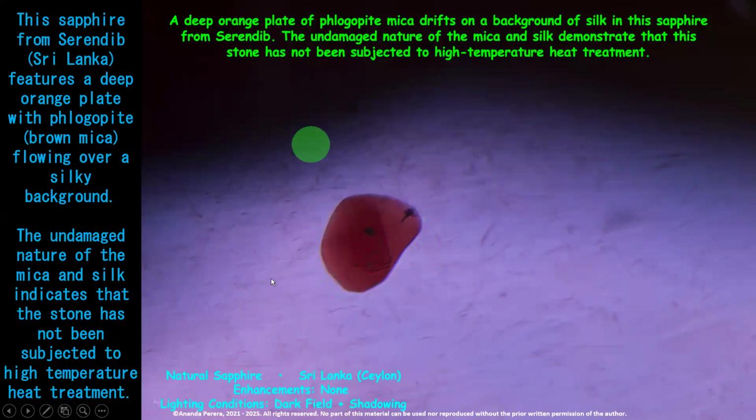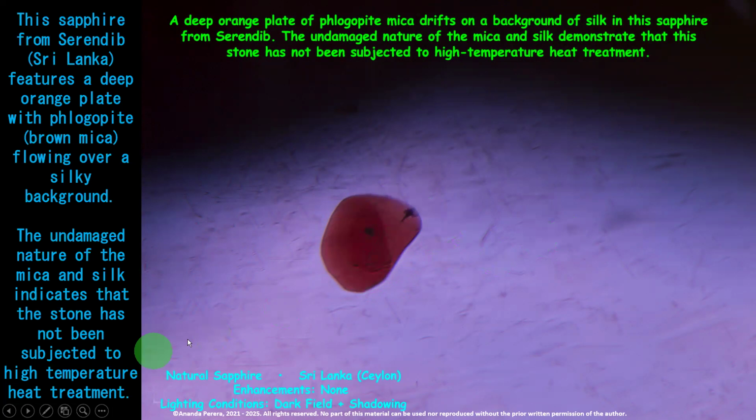What is this? Look at the environment here. This sapphire from Sri Lanka features a deep orange plate with phlogopite. That means brown mica, phlogopite, floating over a silky background. The black color here also is phlogopite mica, black mica.